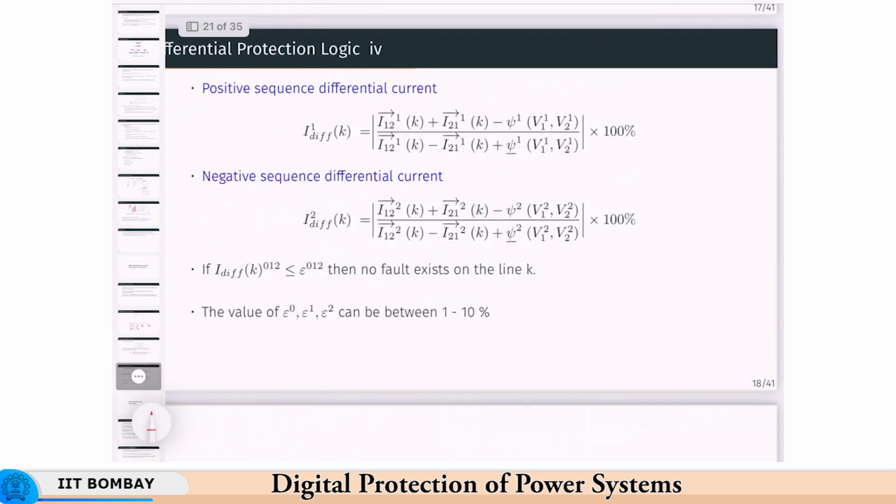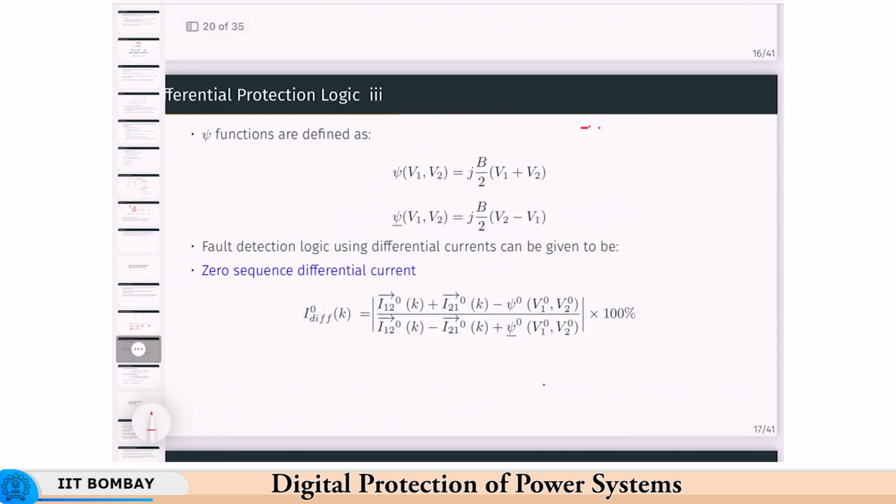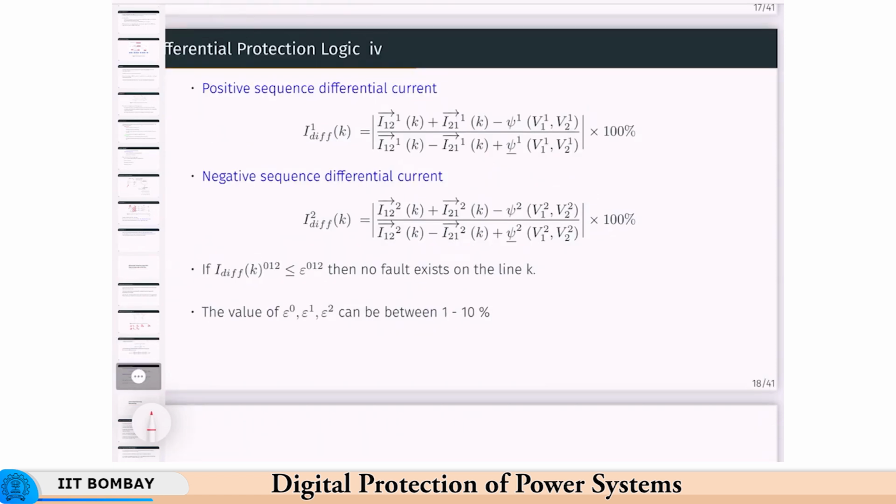Okay. Similarly for the positive sequence component, this is the positive sequence differential current. The same logic is applied here. Of course, there is a percentage multiplier here, so that is why it is multiplied by 100, and similarly for the differential current in the negative sequence components.